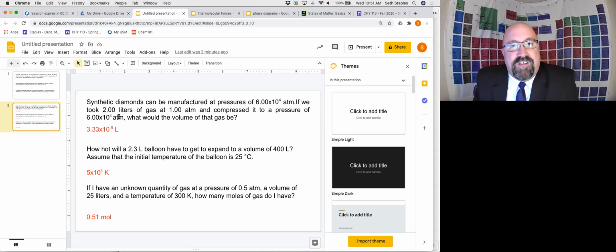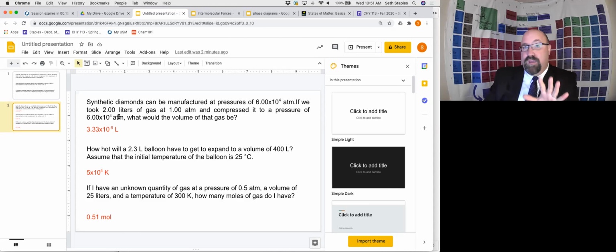That's the only information we're given. And so we can assume that all other parameters that aren't discussed are going to remain the same. Therefore, that would tell us this is a Boyle's law situation. Let's just go through that same analysis with all of these, and then we'll look at the solutions and how I set these up so you can look at that as well.